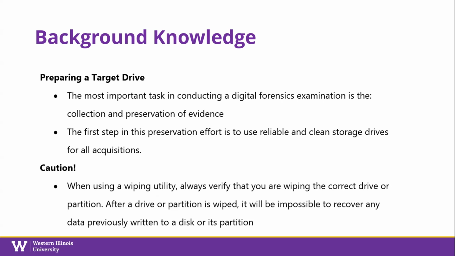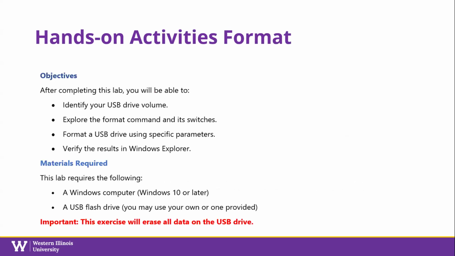Now it comes to how I design the hands-on activities. First things first, I need to have a clear objective: what is the objective for that particular hands-on activity, so they can understand it. Then all the materials required must be listed, so they understand that, well, I need a Windows computer.